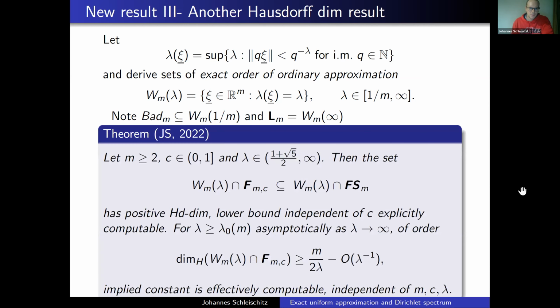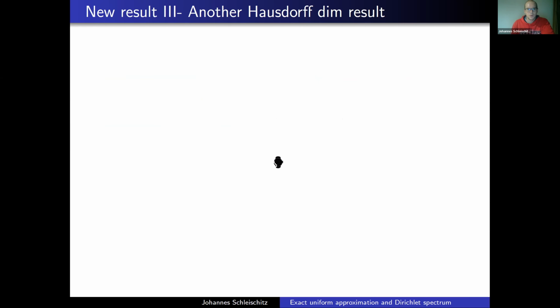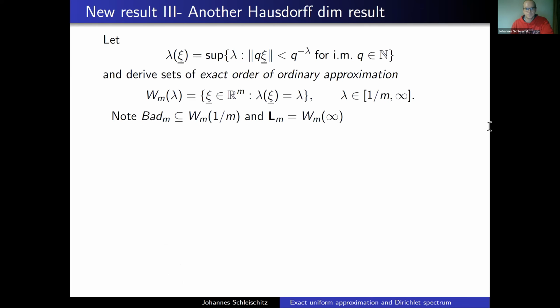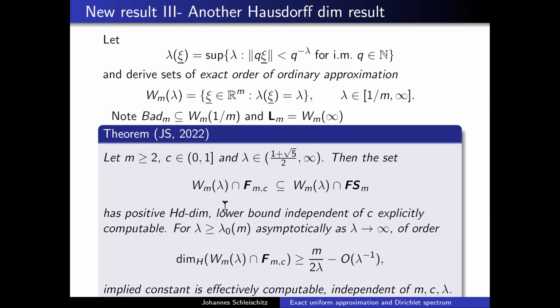And then the result is, when lambda is not too small, like 1.61 something, so golden ratio minus 1, then I can intersect my set from before. Maybe I recall, it was this set FMC, exact Dirichlet exponent C and not bad, with this set Wm lambda, and it still has positive Hausdorff dimension and still explicitly computable bounds.